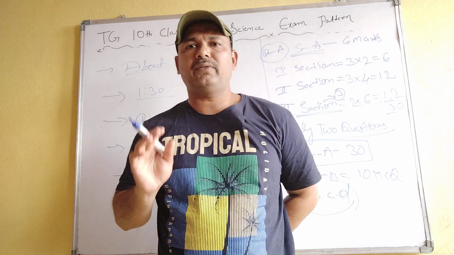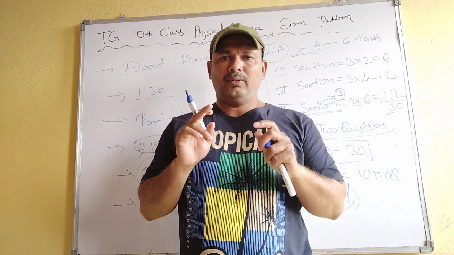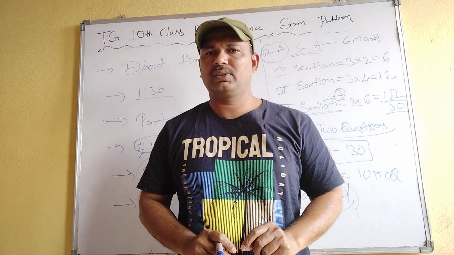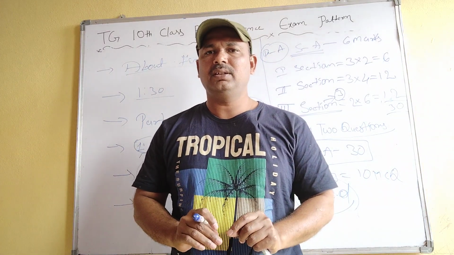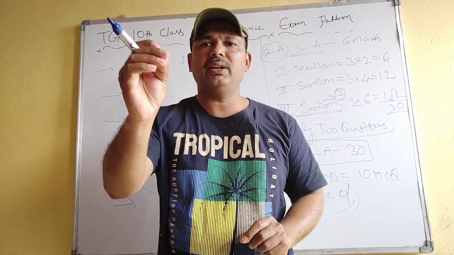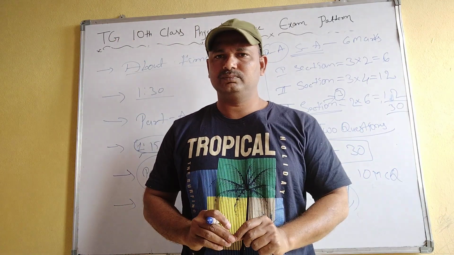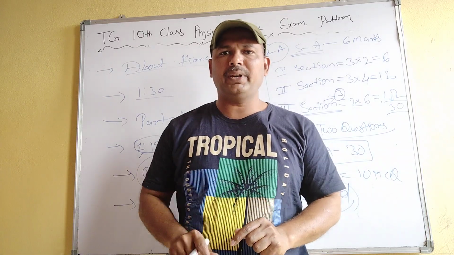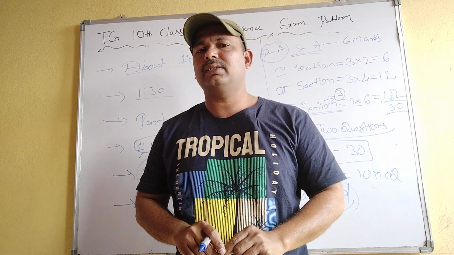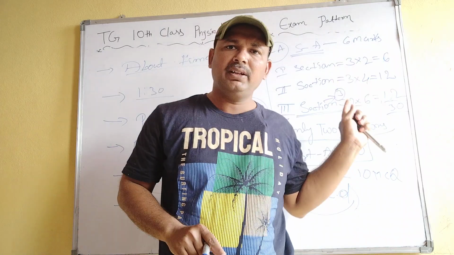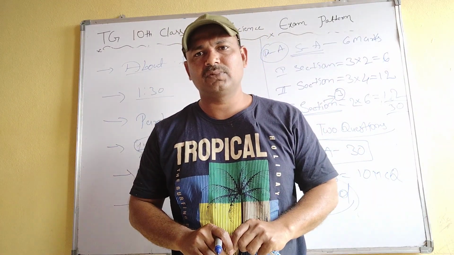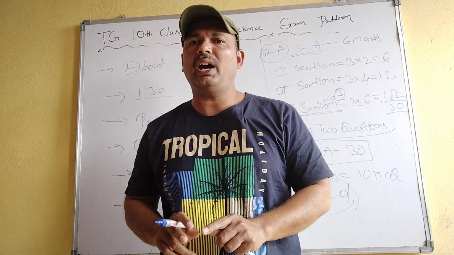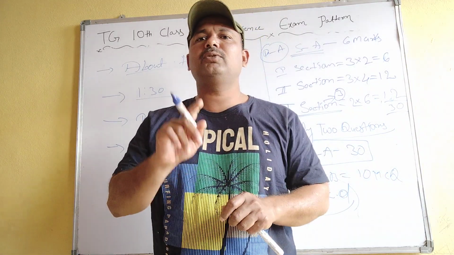Another important thing you have to remember, beta: your part B should be written on your part B paper. In your examination hall, the invigilator gives part B separately to you. So you have to write part B separately and tag that part B to your main answer sheet. The question paper you keep, but part B you have to tag with your part A.